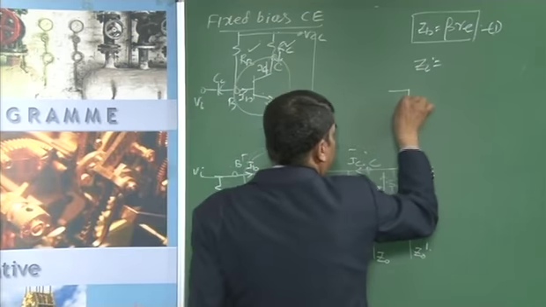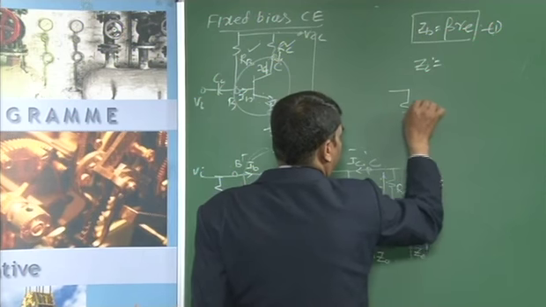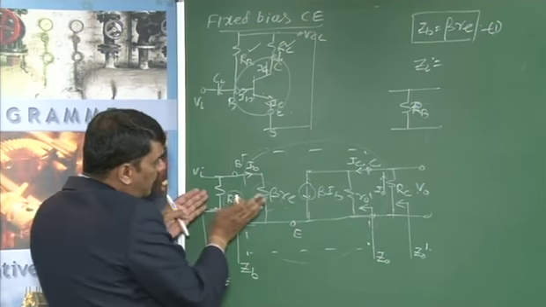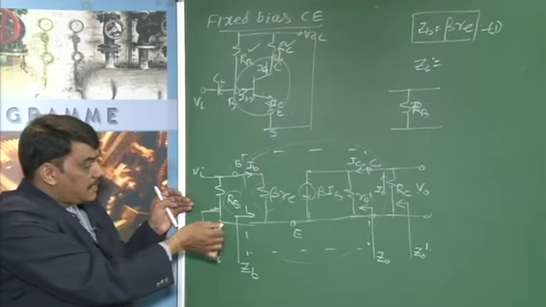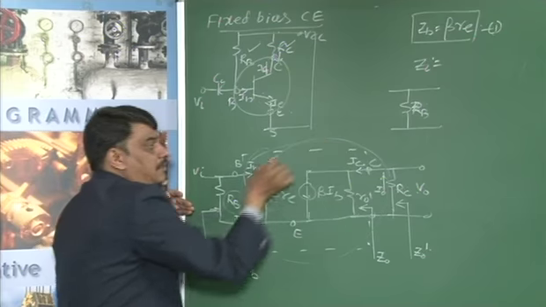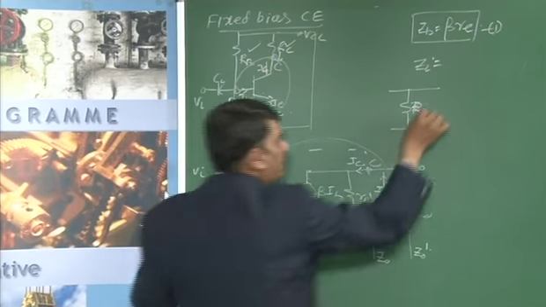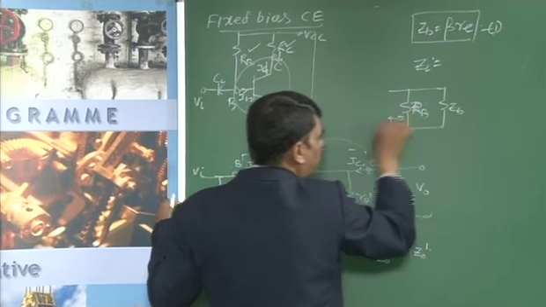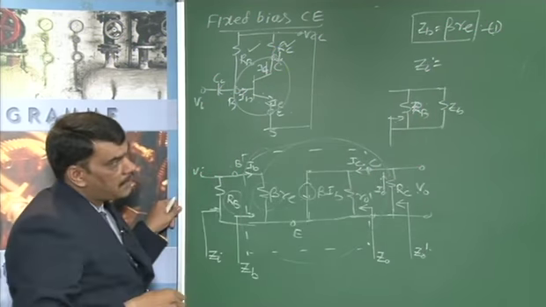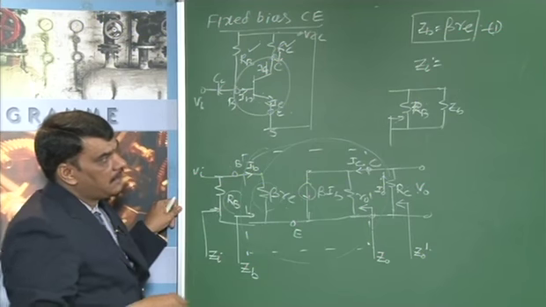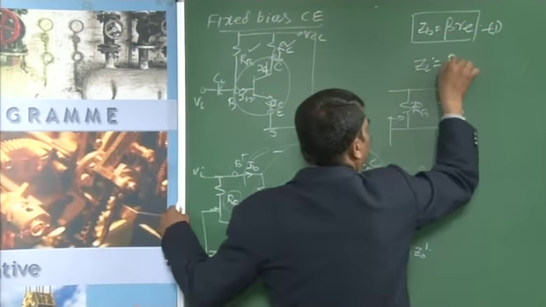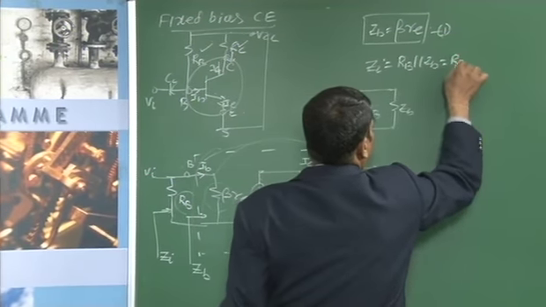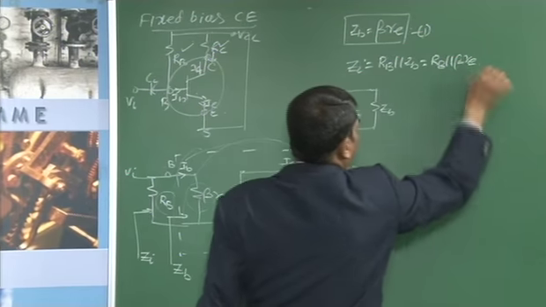We can write RB, and when you are looking into the base emitter junction, the entire circuit is replaced with its equivalent resistance, that is ZB. These two are in parallel, so Zi is nothing but RB in parallel with ZB, which is RB in parallel with beta times Re.